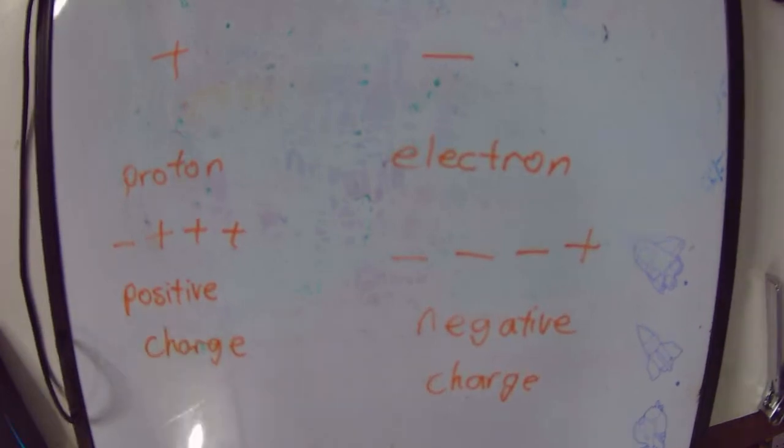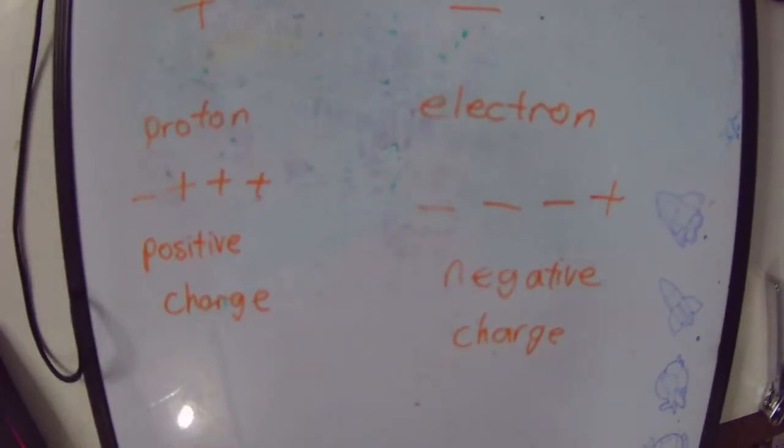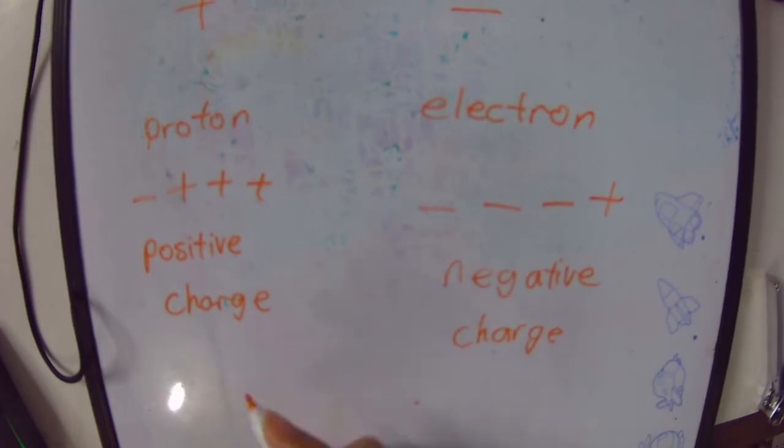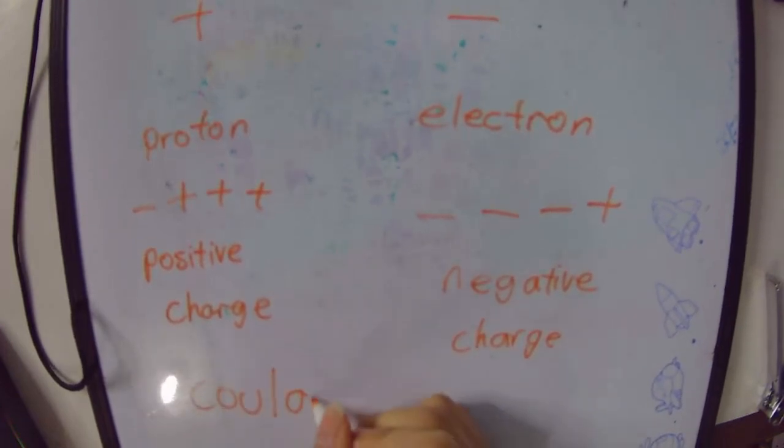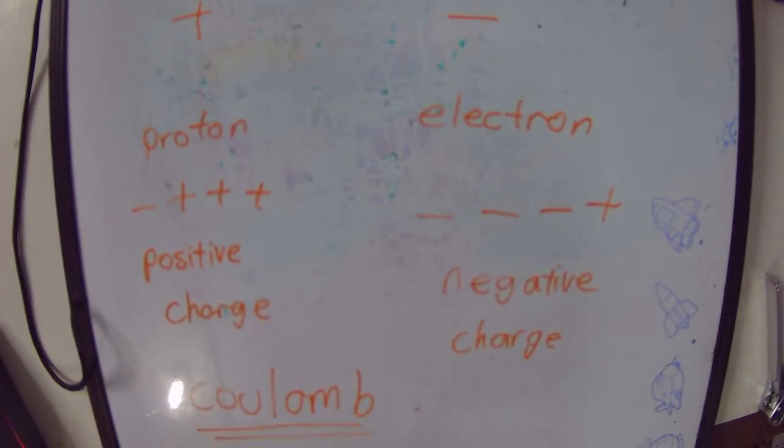Now, the unit for measuring charge, we have a unit called coulomb. So coulomb is basically just saying how much charge does something have. Coulomb, or just big letter C. So you already learned about coulomb in the past, but maybe we haven't gone into this more deeply.